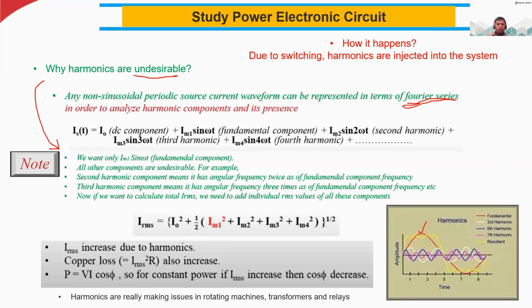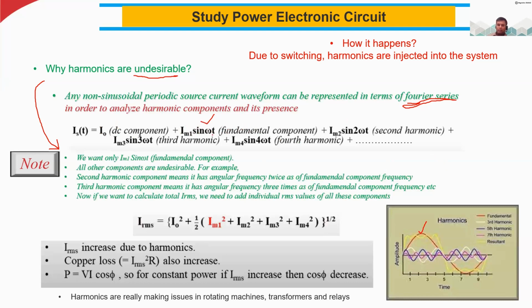So how can we represent the waveform in a Fourier series? Now I can write the current equation: is(t) = I0, the DC component, plus Im1 sin(omega t). This is the fundamental component. If this is going to be the AC voltage, then I am only after this one.